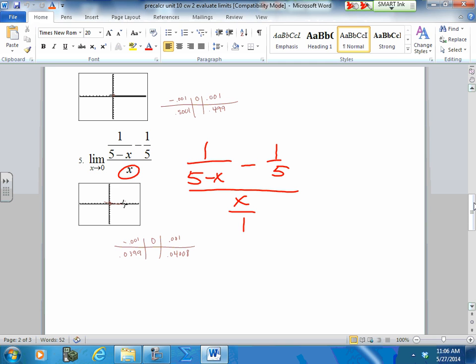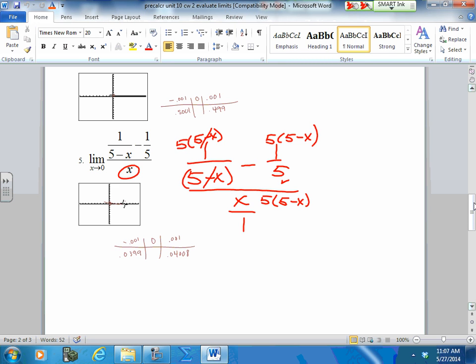What's your common denominator? I need a 5, and I need a 5 minus x. So on the top of every term, 5 times 5 minus x. Use your common denominator. So in the first term, what can I cancel out? 5 minus x.